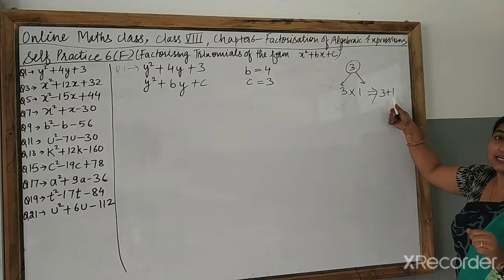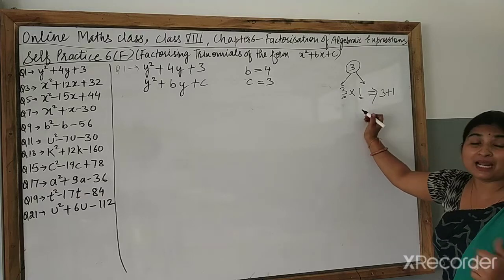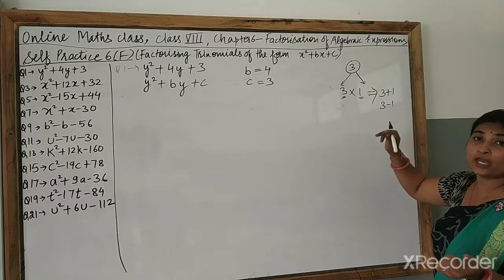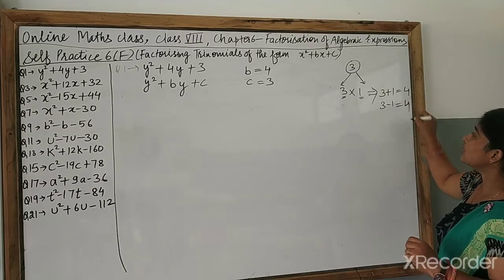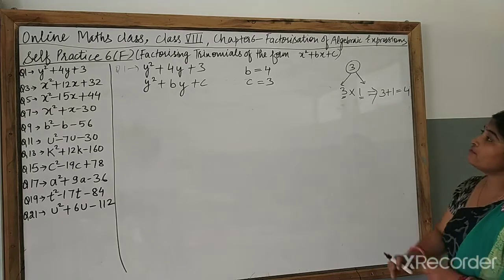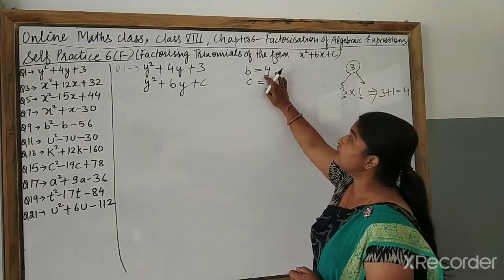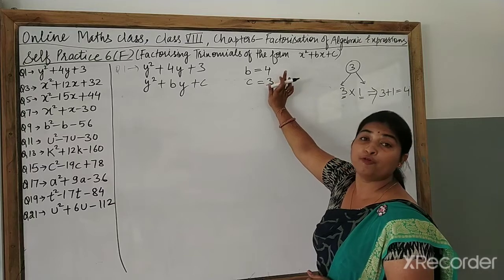Either add both numbers or subtract both numbers. Anyhow you have to bring the answer 4. In which condition is the answer coming 4? In 3 plus 1, which is 4. 4 means b. So we have divided this c in such a way that I will get the answer 4.